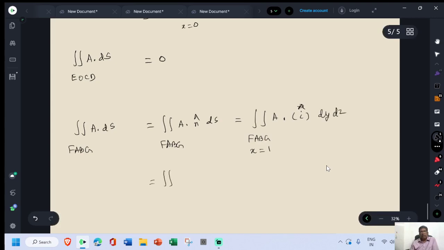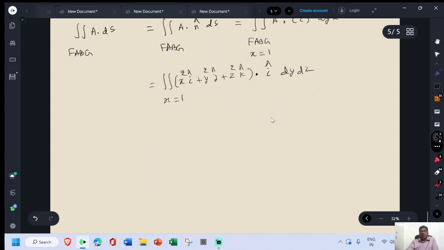This is equal to the double integral of x square i plus y square j plus z square k dot i into dy dz. Here the condition is x equals 1. Now i dot i is 1, so this is the double integral of x square dy dz, and here x equals 1. This is the double integral of dy dz, from 0 to 1 and 0 to 1.